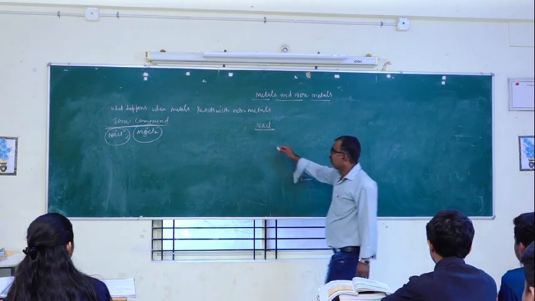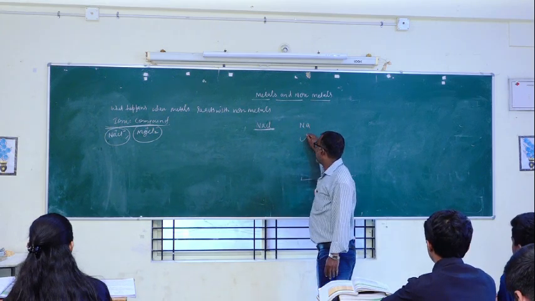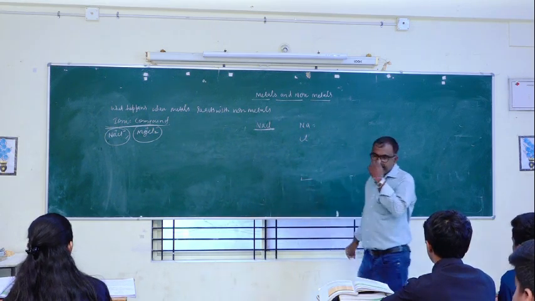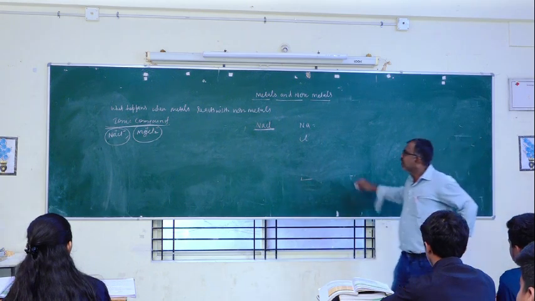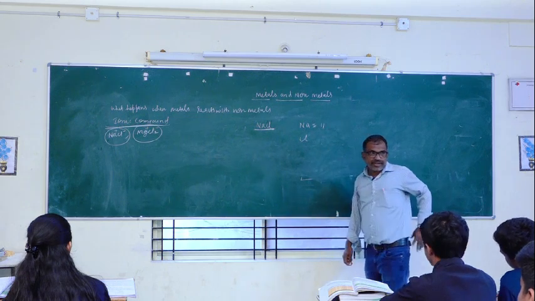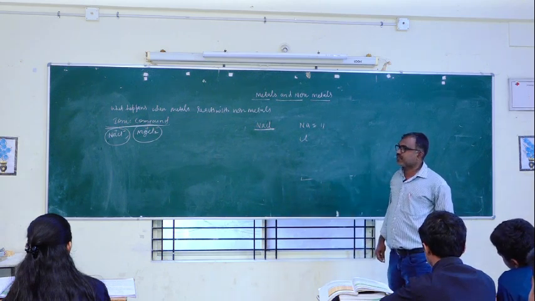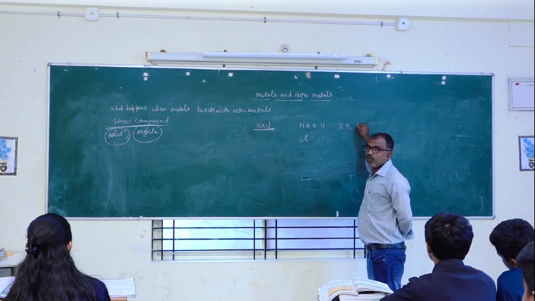How do we write the ionic compound for NaCl? First we write Na and then Cl. The atomic number of sodium is 11, so its electronic configuration is 2, 8, 1.